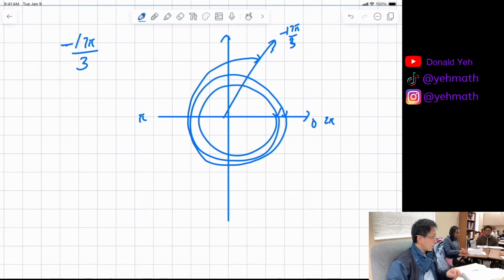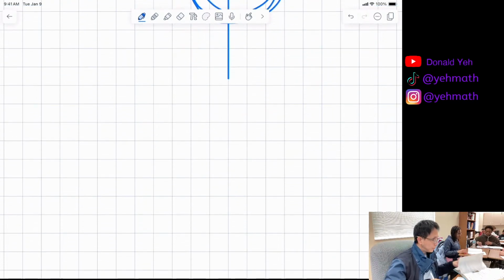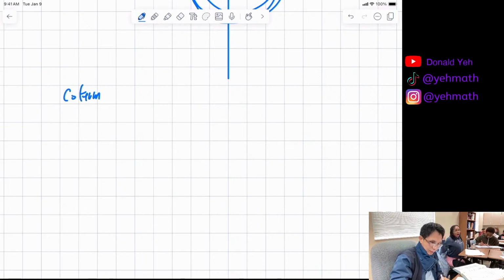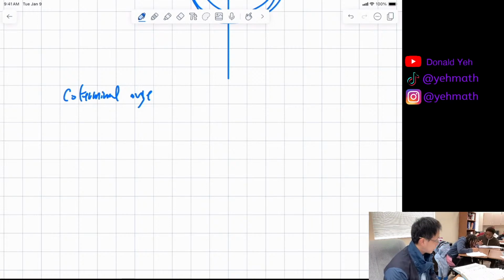All right, so let's figure out what a coterminal angle is. Coterminal angle is this. What is a coterminal angle? Basically, it gives you the same position.